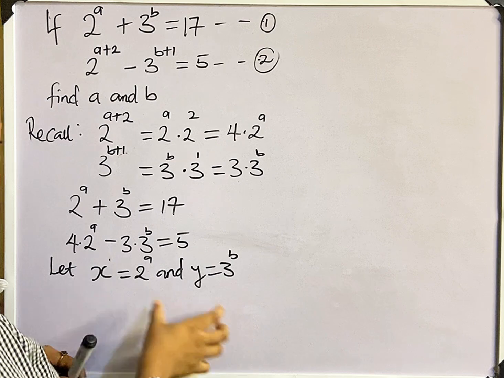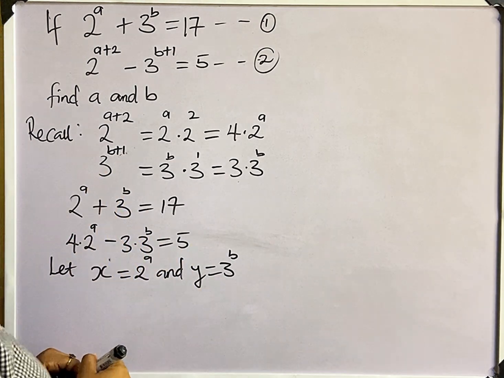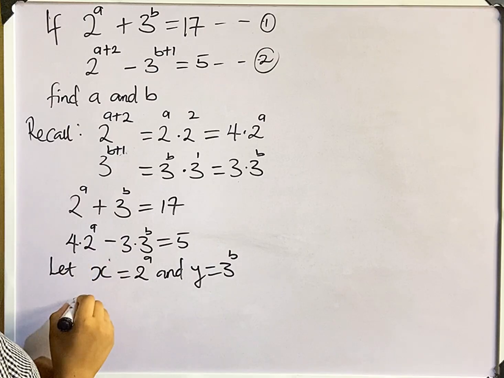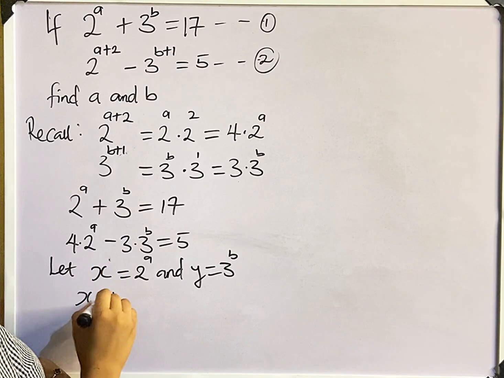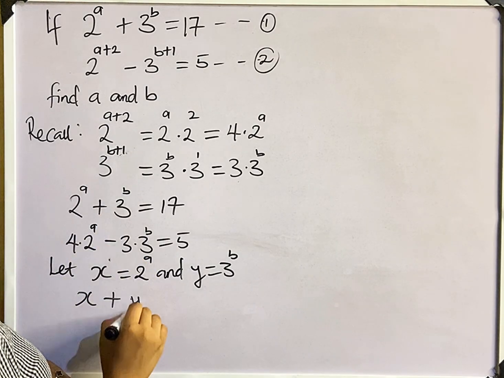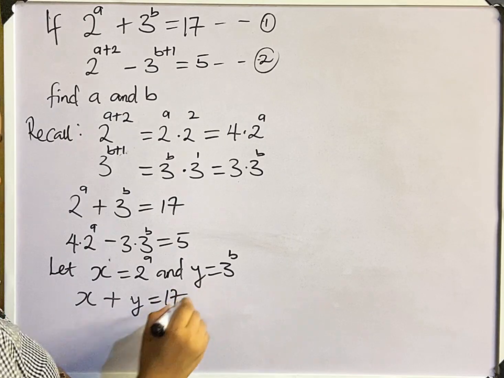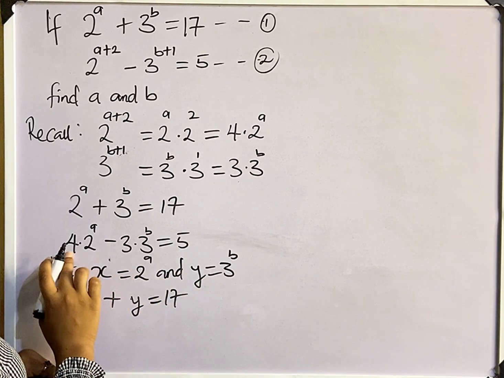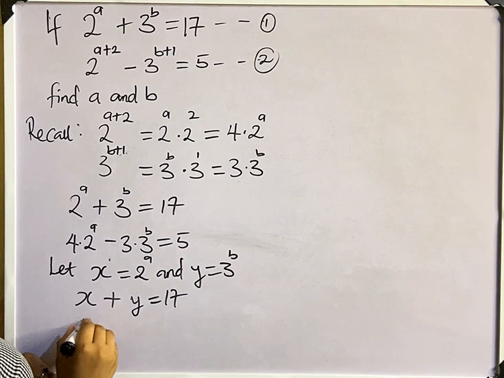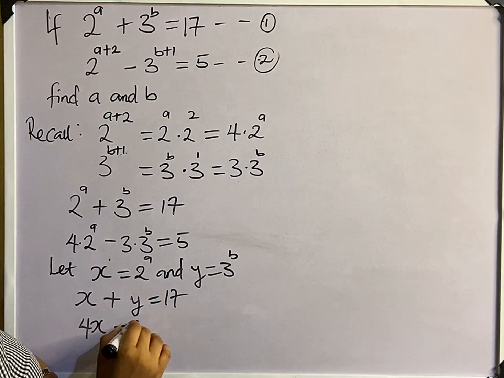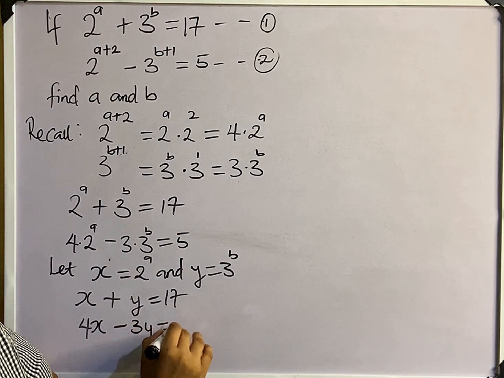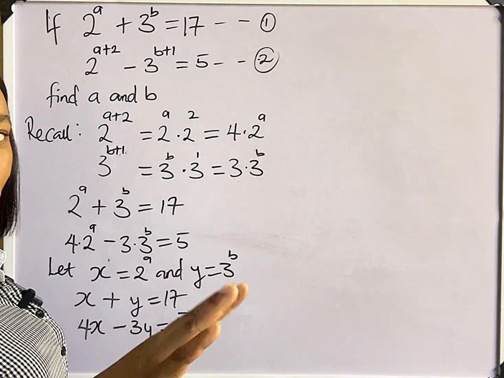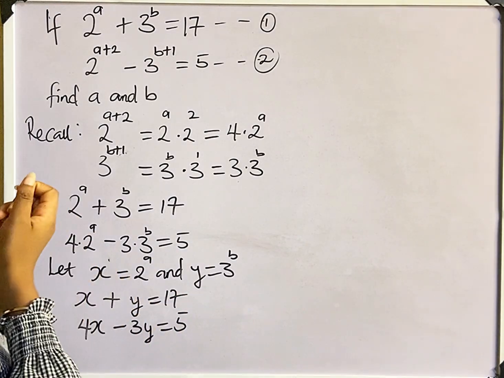So substituting this into the equation, this becomes x plus y equals 17. So this is our new equation, and then this is 4, so this becomes 4x minus 3y equals 5. Now you see we have a simple simultaneous linear equation.